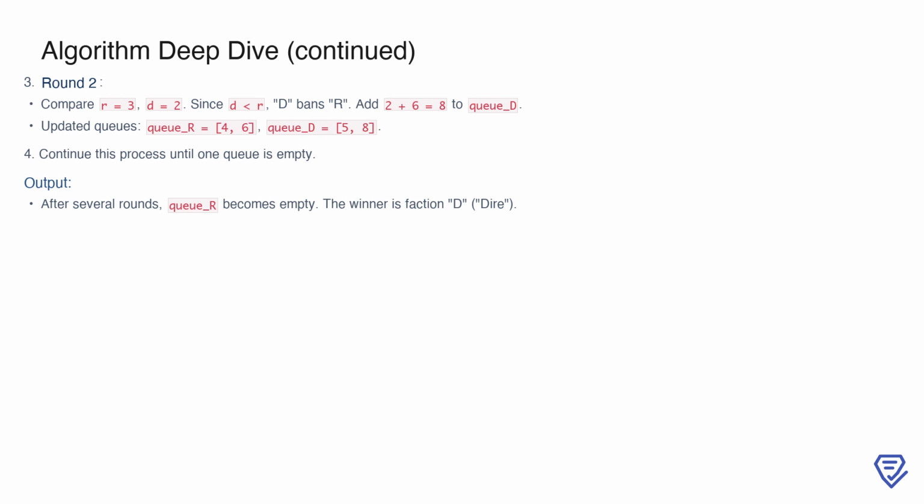This process continues, with each round eliminating one senator from the opposing faction, until one of the queues becomes empty. In this example, after several rounds, q_r is emptied first, leaving only dire senators. Thus, the winner is faction D, and the output is dire. This stepwise simulation demonstrates how the algorithm efficiently handles the circular banning process and determines the winning faction.